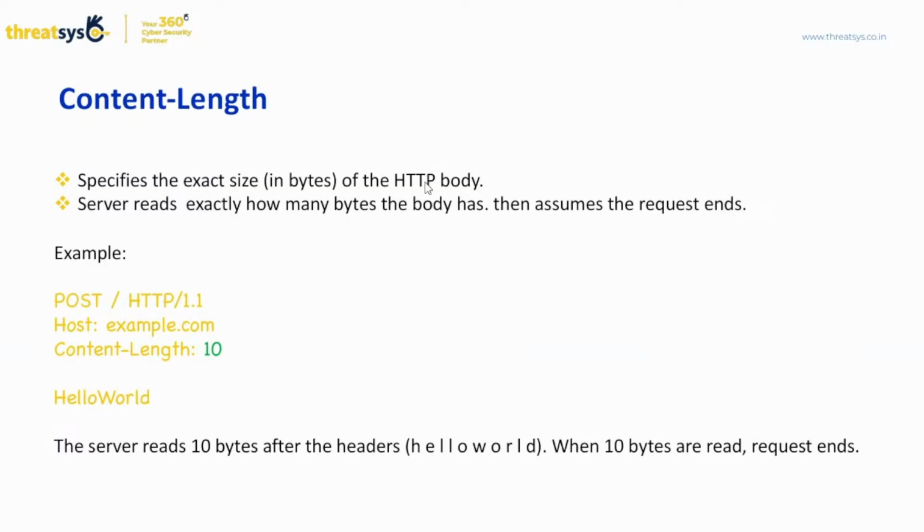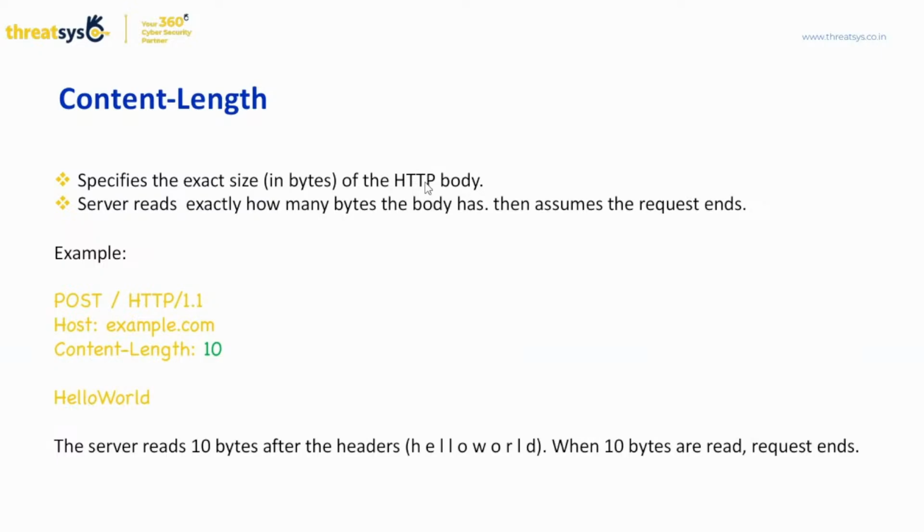Next is the first encoding method, content length. When you pass data into the body, the content length reads every n bytes of the data, and it is auto updated. As we can see in the example, there is a POST request.